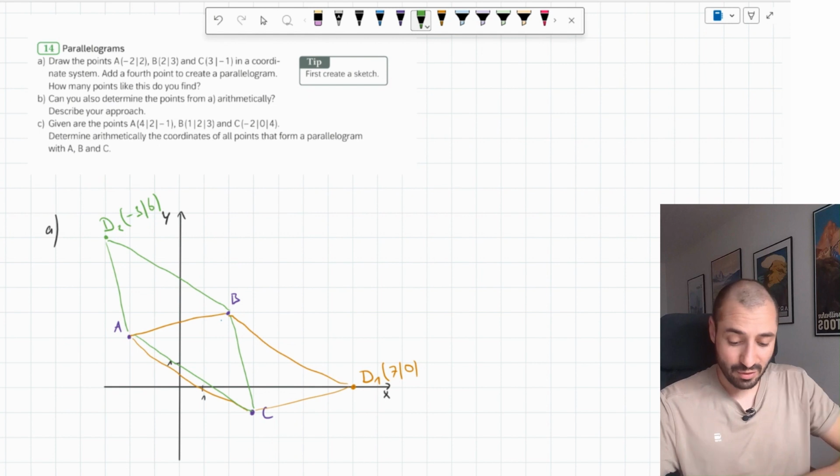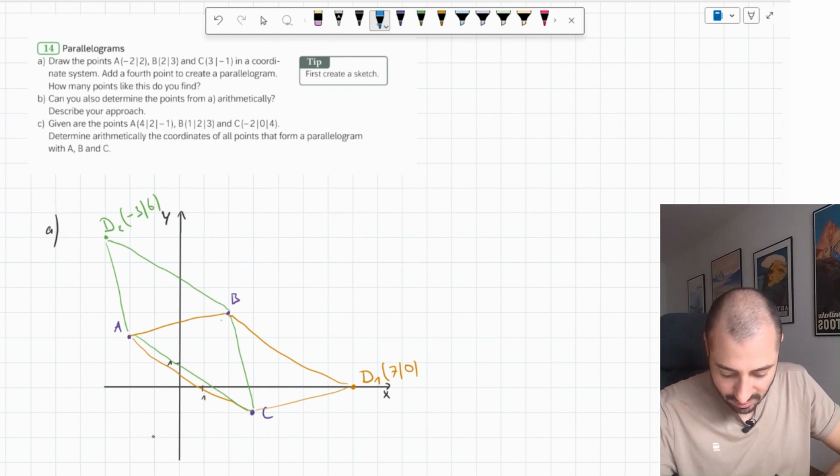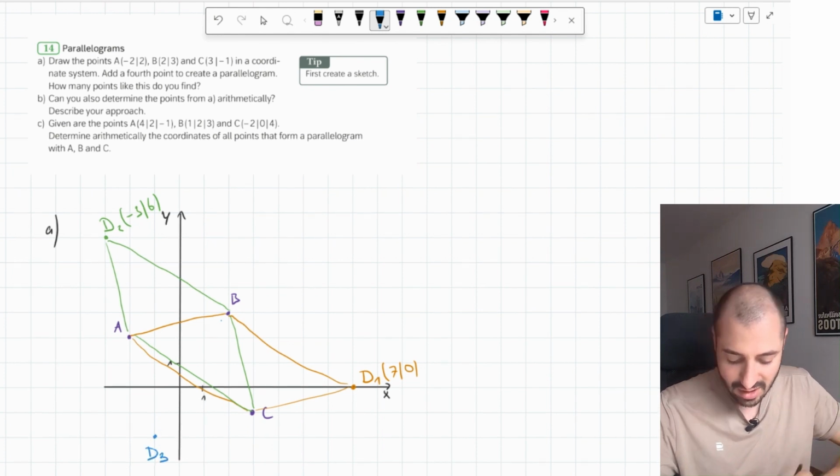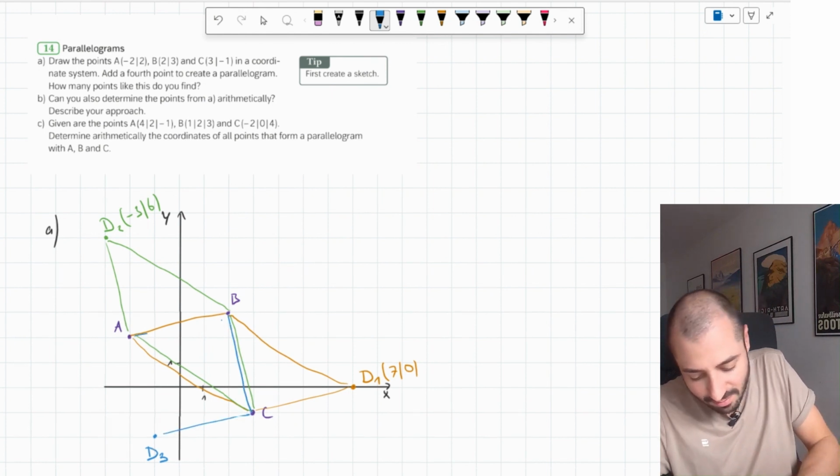Okay, now we have two parallelograms already, and actually we see that there's a third option if we put our point down here. So let's do this in blue. If we add another point here, and we call this D3, then here we have another parallelogram, which is this one here.